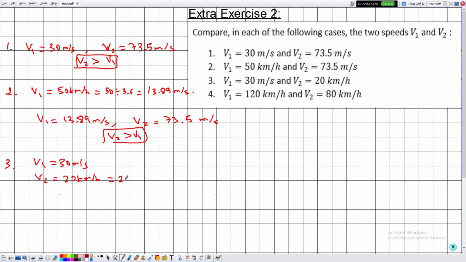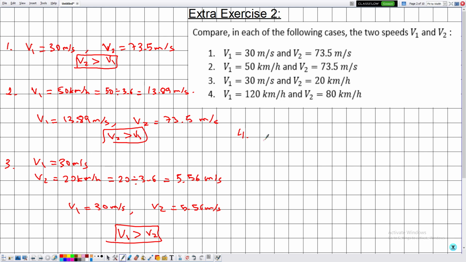So 20 divided by 3.6, this is equal to 5.56 meters per second. Then in this case, V1 is equal to 30 meters per second and V2 is equal to 5.56 meters per second. Then in this case, 30 is greater than 5.56, so V1 is greater than V2.